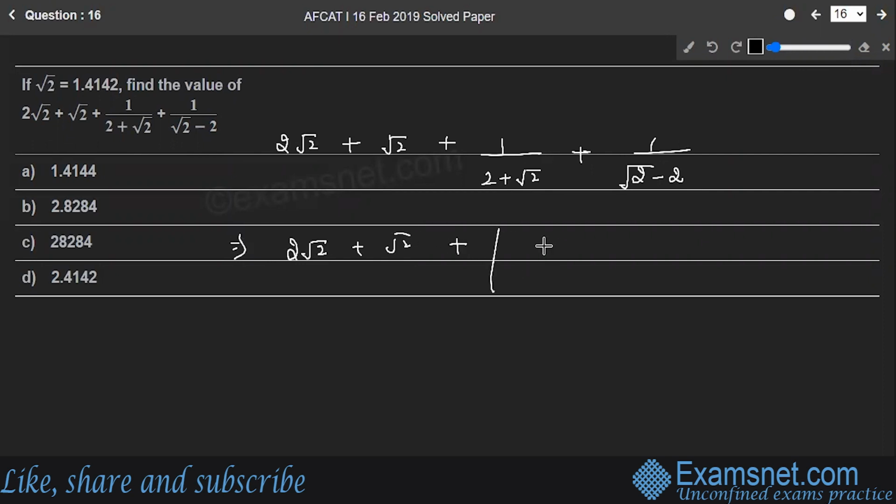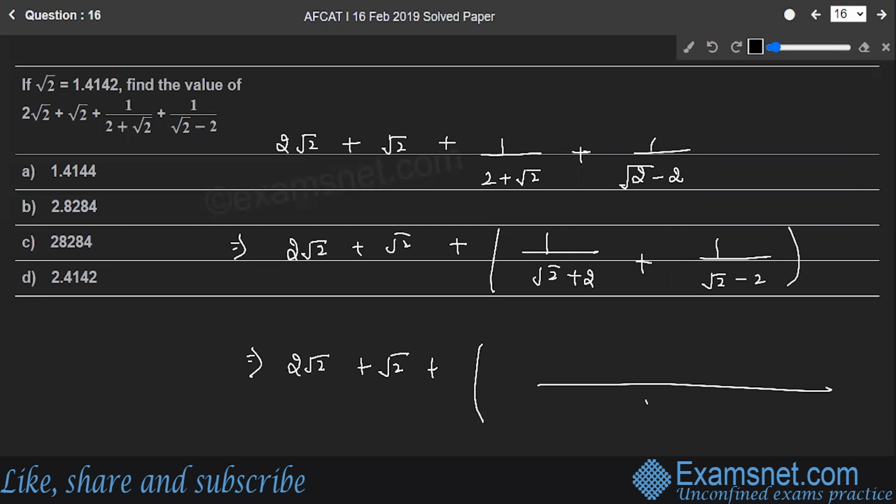I'll combine this one and I can say this as root 2 plus 2 plus root 2 minus 2. This will be 2 root 2 plus root 2 plus. So this is something a plus b into a minus b, right? I'm not taking it further. I'll just say a square minus b square.